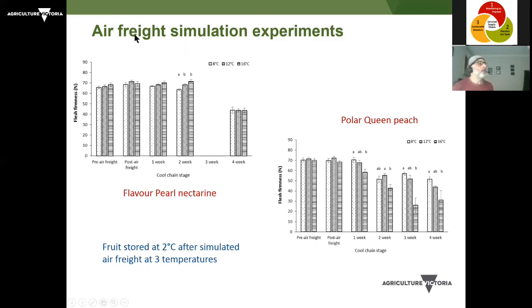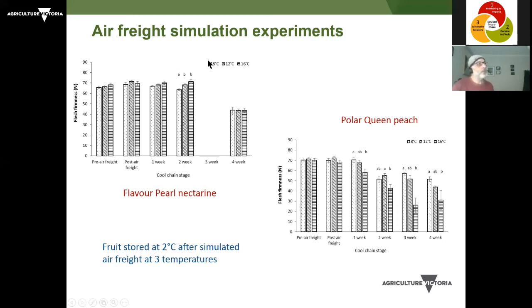I just wanted to show you this air freight simulation experiment with Flavor Pearl nectarine, an important export cultivar, and Polloqueen peach. It was an interesting experiment because we simulated air freight at 3 different temperatures: 8 degrees, 12 degrees, and 16 degrees for 24 hours.